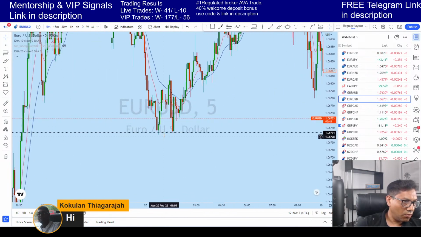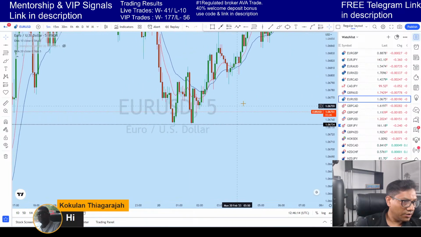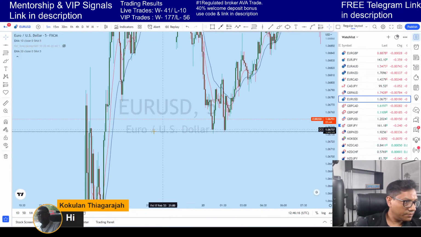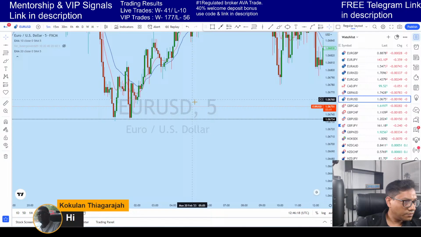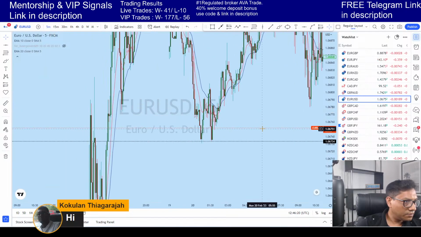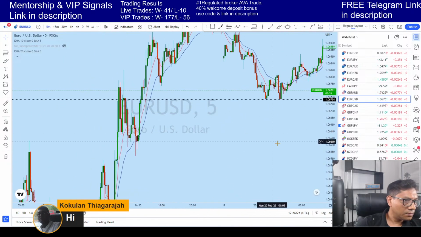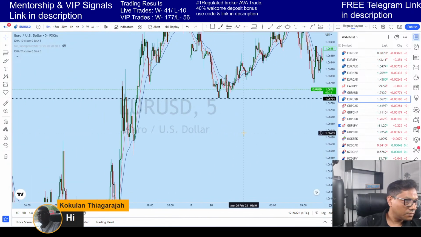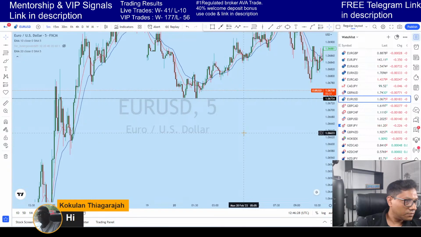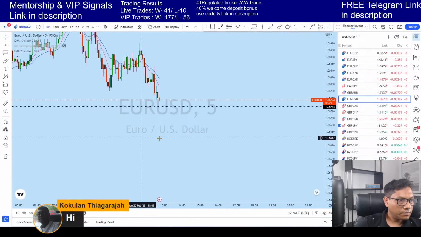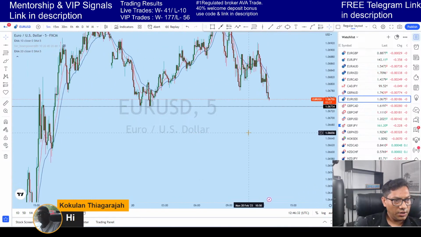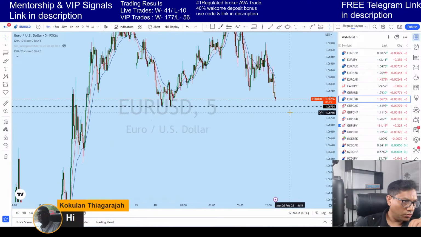There's a nice looking double bottom here, okay. And EUR/USD is approaching this support zone, okay.